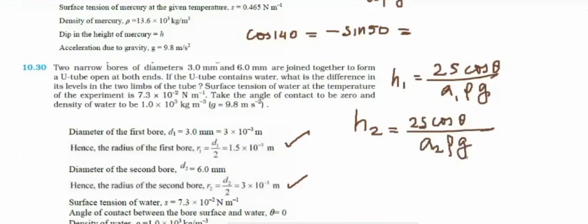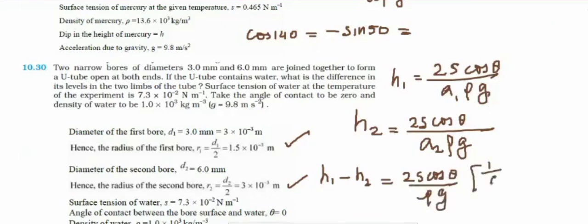You are asked to calculate the height difference. So h1 minus h2 is equal to 2S cos theta divided by rho g into (1 by a1 minus 1 by a2). You have to substitute all the values in SI units, and you can find the value of the height difference in the two tubes.